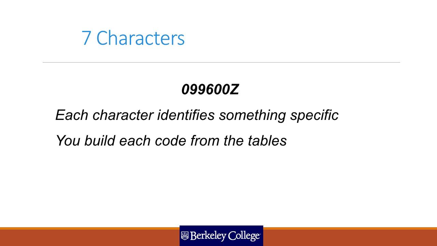Remember, unlike ICD-10-CM, where the codes may be anywhere from 3 to 7 characters, all ICD-10-PCS codes must have all 7 characters in the code. And as I said, you're going to build it from the table.